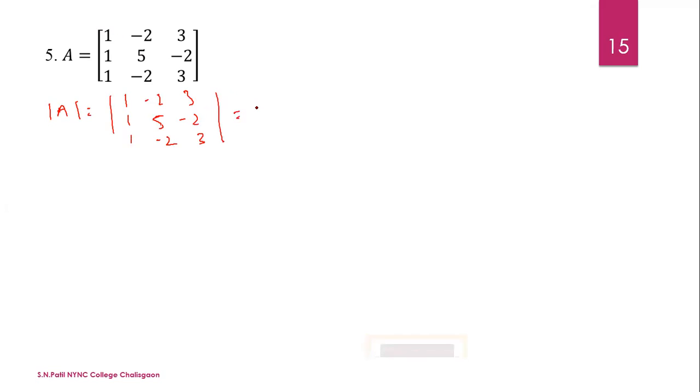equal to 1 into the minor of 1, that is deleting row and column, then the remaining determinant, minus, and keep this minus 2. Now the minor of minus 2, deleting row and column, that is 1, minus 2, 1, 3.